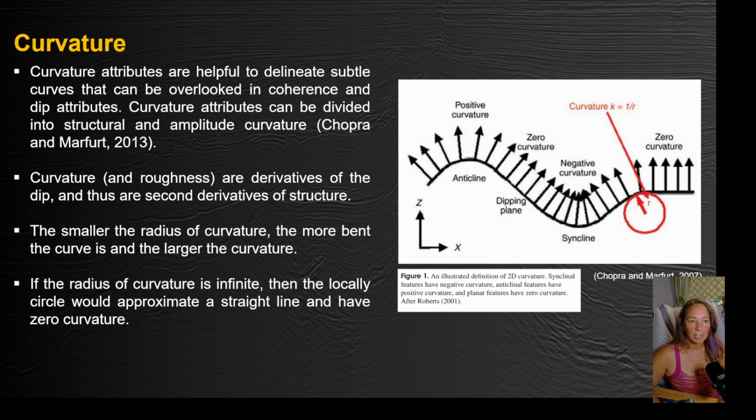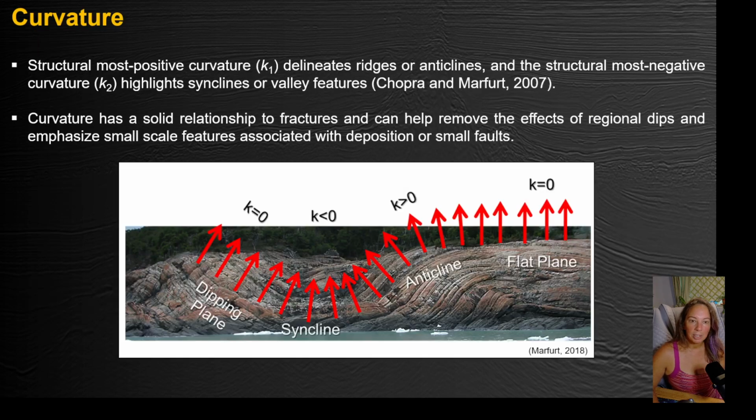Some things to keep in mind is that the radius of the curvature is infinite. So if you have a very highly curved surface, you would have a very high curvature, and a flat surface, like I mentioned, would have zero curvature. Here's an example at more of an outcrop scale, showing that your structural most positive curvature is often called your K1, and that will delineate those ridges or anticlines.